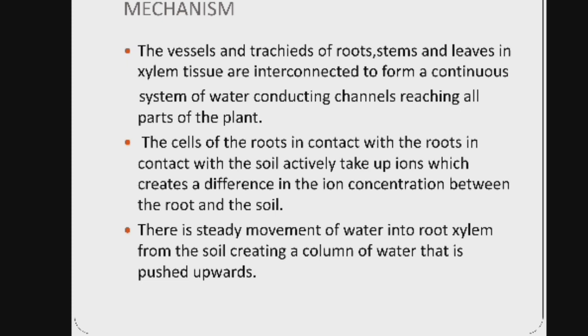The cells of the roots in contact with the soil actively take up ions, which creates a difference in ion concentration between the roots and the soil.